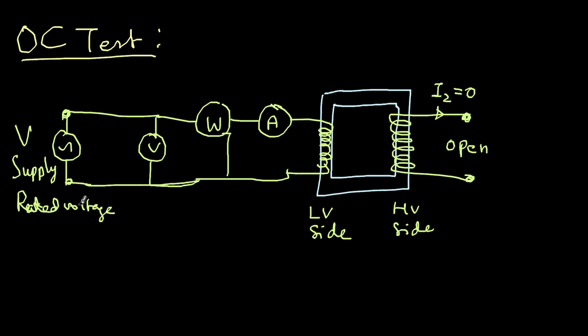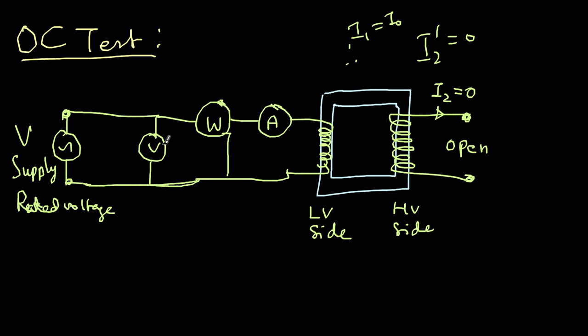It is very easy to analyze this. Whatever current flows here will be the no load current, because I2 is 0, so I2 dash will also be 0. Therefore I1 will be nothing but I0. You know that from the previous studies. First I am measuring the voltage.